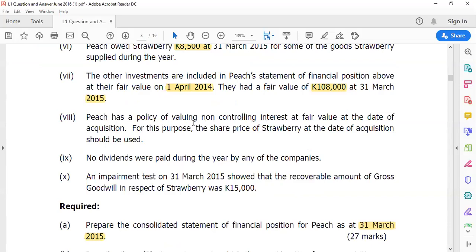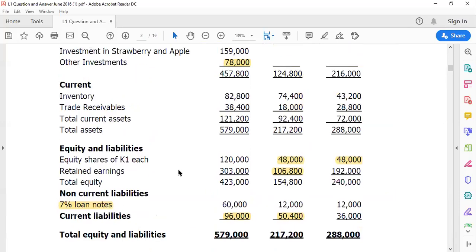Peach has a policy of valuing non-controlling interests at fair value at the date of acquisition. For this purpose, the share price of strawberry at the date of acquisition should be used. You see what we said? When they give you the share price for the subsidiary, it is not a decoration. So NCI should be valued at fair value at the date of acquisition. What was our NCI?